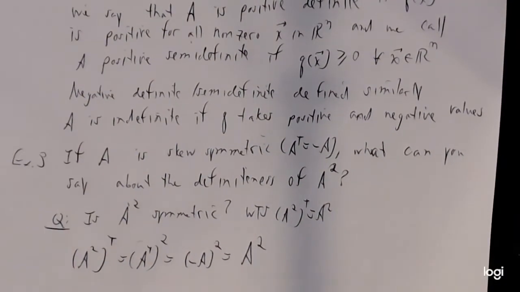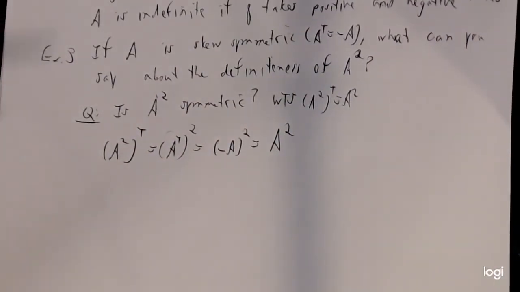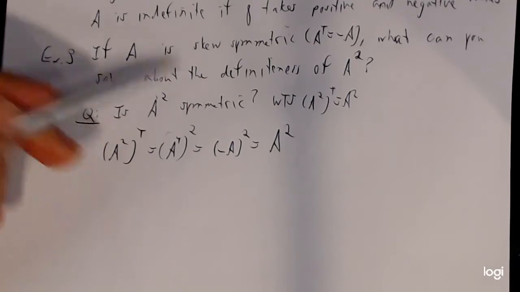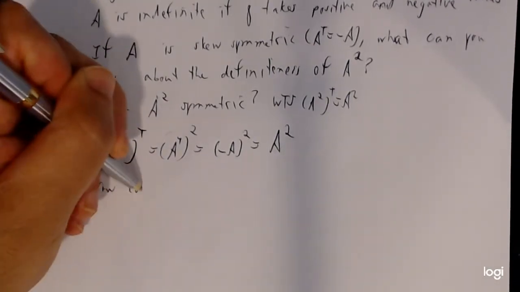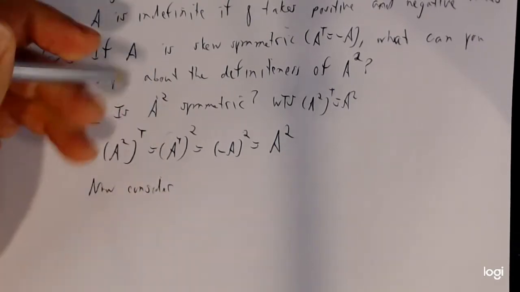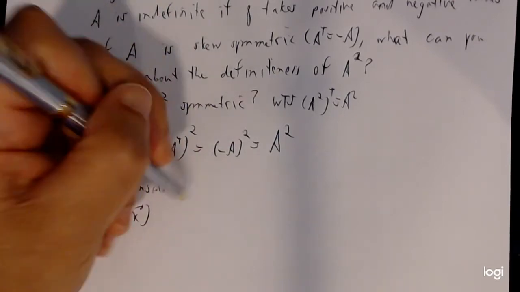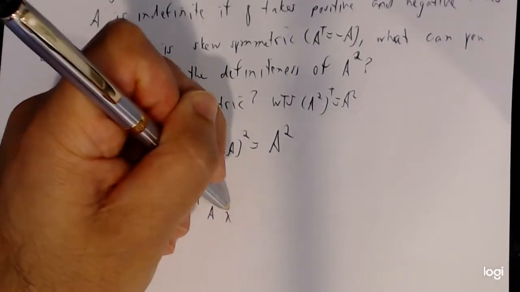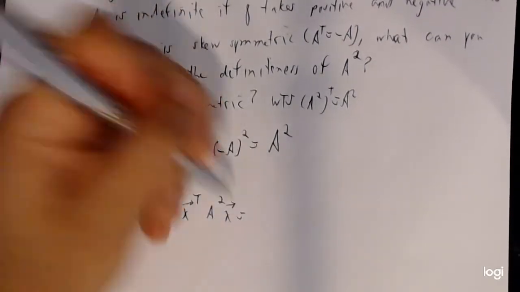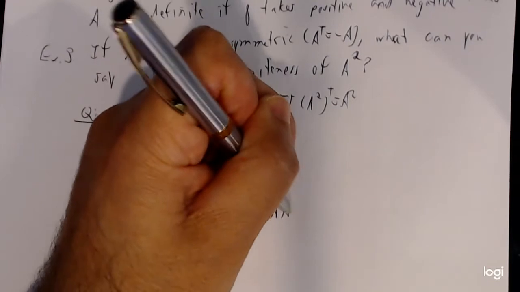And if it's symmetric, now we can say I have a symmetric n by n matrix. Now consider the following quadratic form, q of x, which is x transpose A squared x, which gives us x transpose A A x.